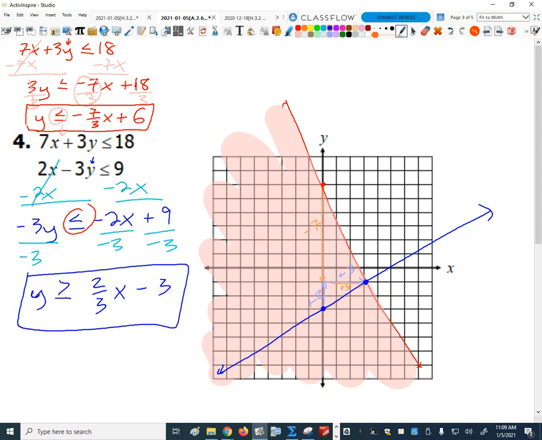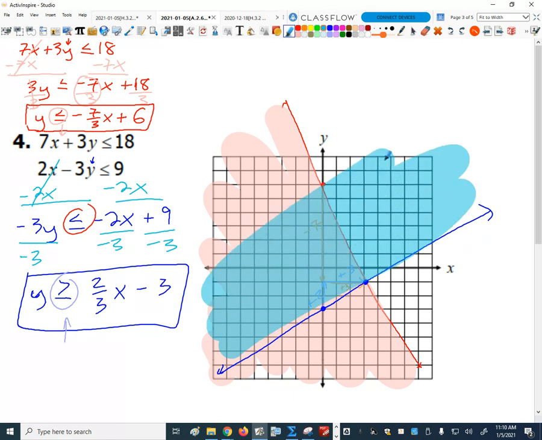Jordan, am I shading above or below the blue boundary line? Above. Good. Shading above because y is greater than or equal to. So if we shade above, there it is, right?